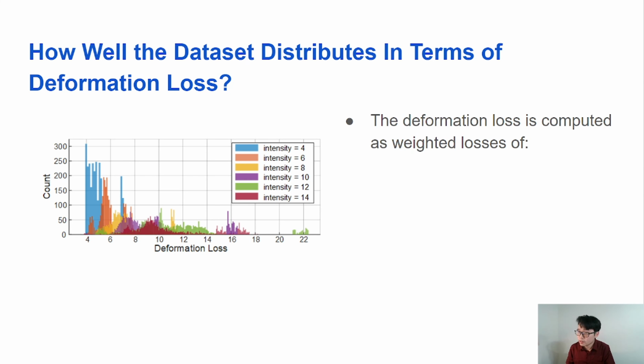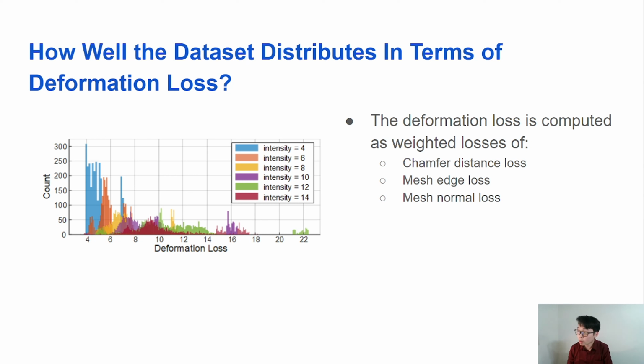The deformation loss in this particular scenario is computed as the weighted loss of the chamfer distance, which illustrates the similarity between the deformed mesh and the original one. The mesh edge loss: when the edge is deformed, how different it is compared to the original one.